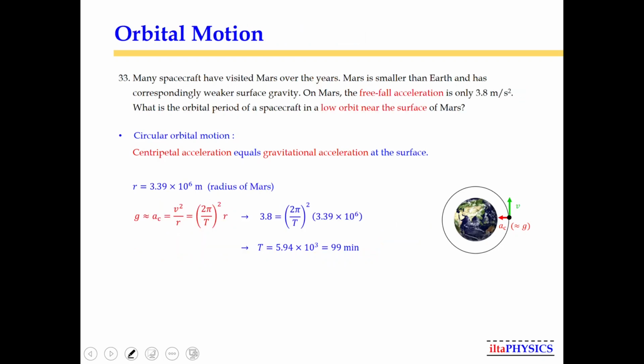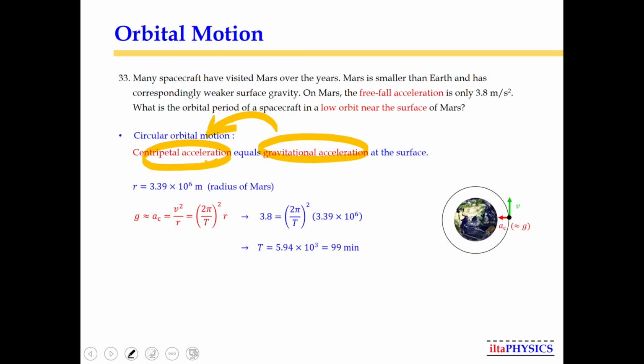Problem 33 is about the motion of a satellite orbiting Mars. Here too, it describes the condition that the orbit of the satellite orbiting Mars is very close to the Martian surface. In this problem, it asks to find the period of the satellite when the free fall acceleration is known. The free fall acceleration given as a condition here is equal to the gravitational acceleration.